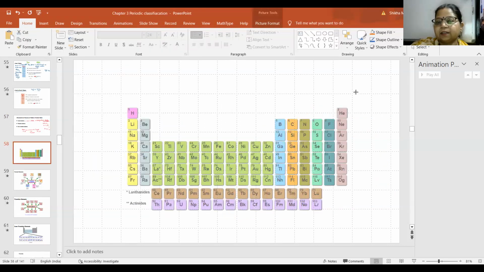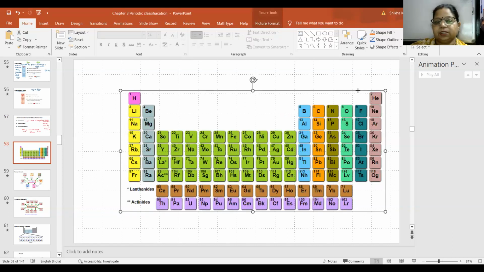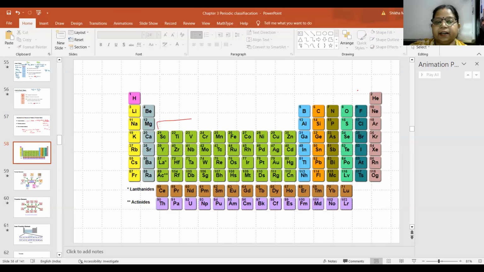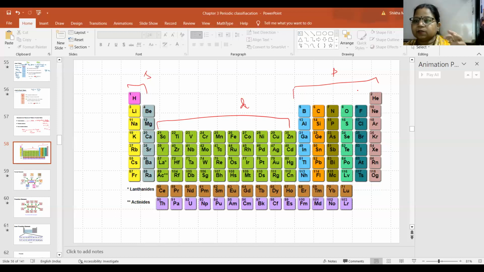If you look at the periodic table, what do you see? This is our entire D block, this is our P block, and this is our S block. So the D block is placed between the highly metallic S block elements and the highly non-metallic P block elements.